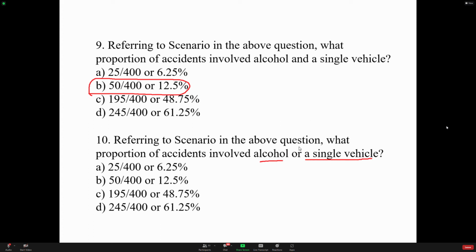Here you are dealing with OR, so you have to use the addition rule.